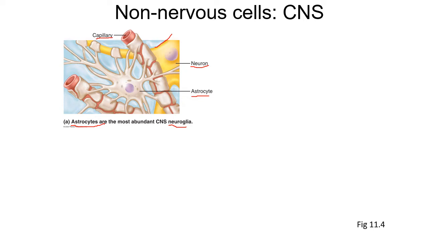So the astrocyte is fairly large in size, has a lot of different cell processes, a lot of extensions coming off of it. And as mentioned before, it's going to be the regulator between the capillary and the neuron. So it's going to really control what substances are going to come into contact with the neuron itself. So it's that regulatory function there.